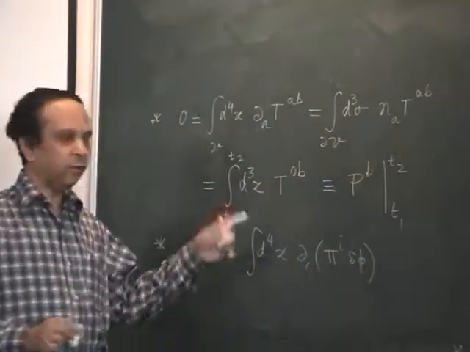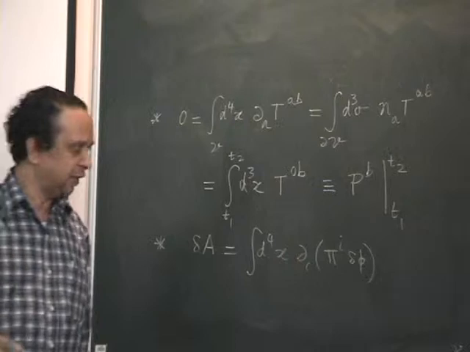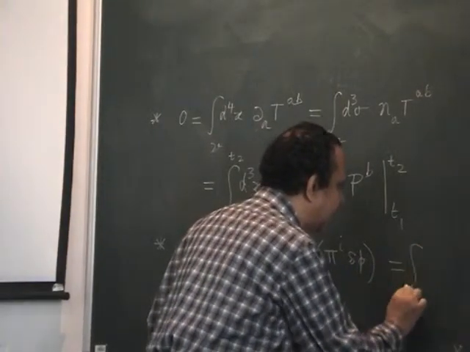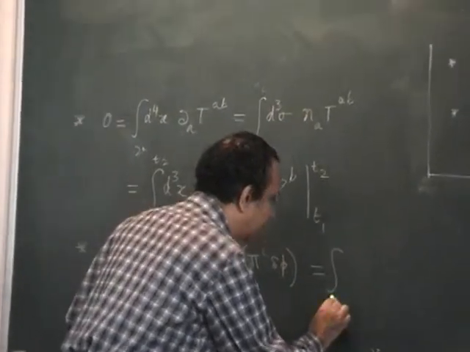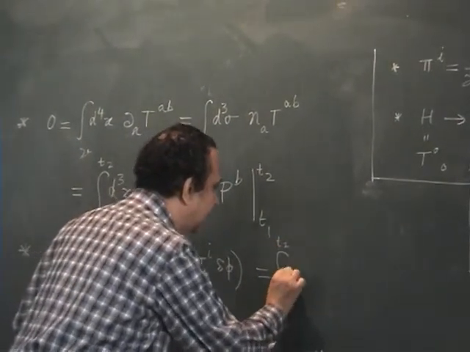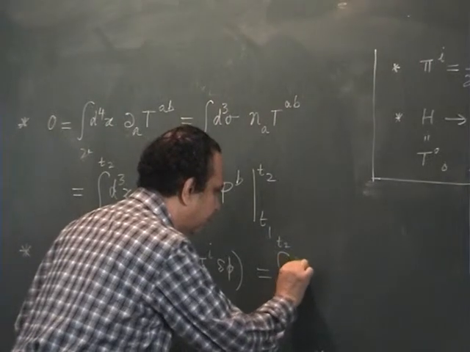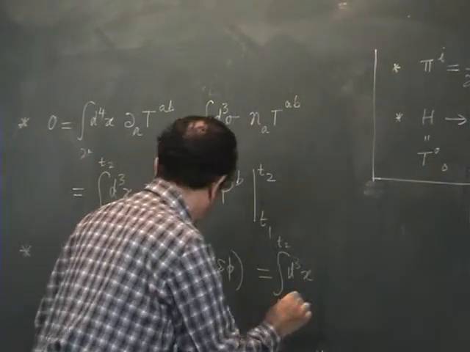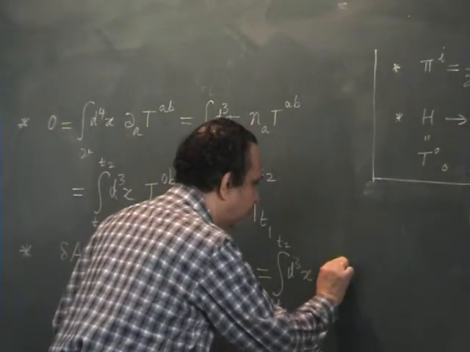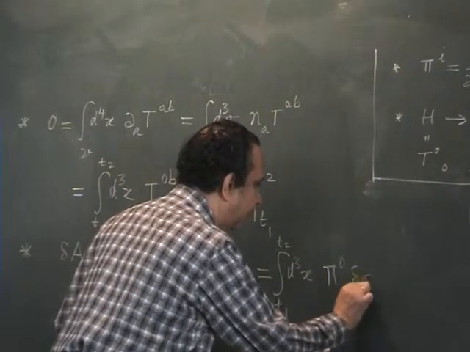Then we said that we are only going to take contributions at the two surfaces, the same analysis as before, and we end up getting the integral between T1 and T2 of d³x of π^0 δφ.